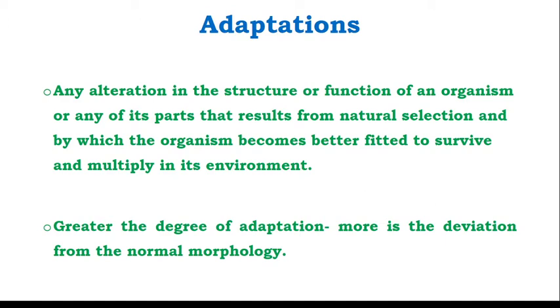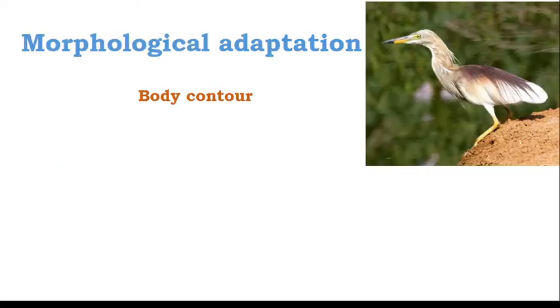The greater the degree of adaptation in any organism, the more that organism deviates from the normal morphology, that means it has extra characters. So let us study about the flight adaptations.